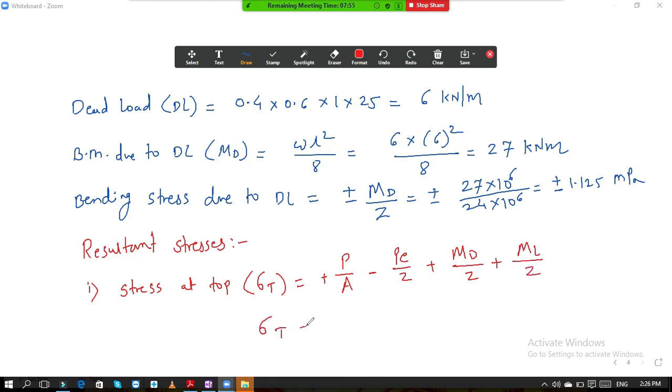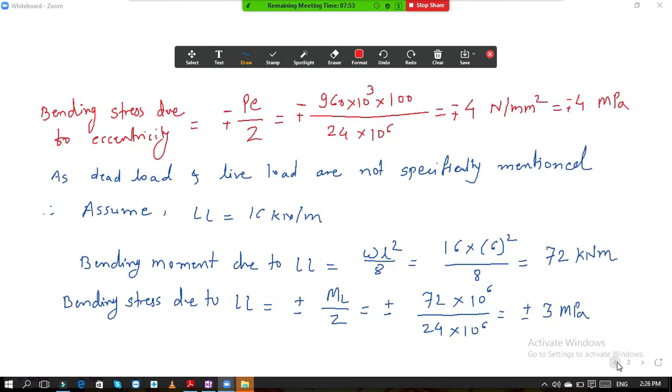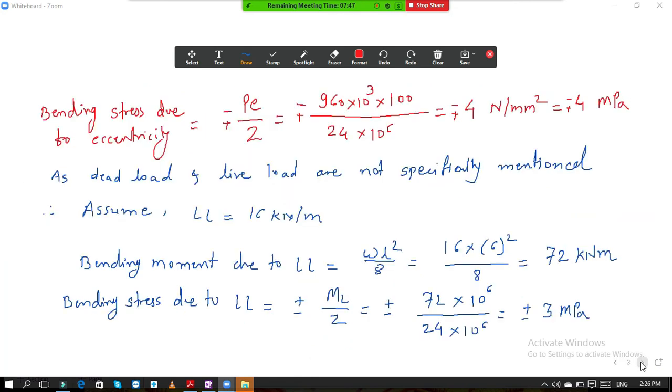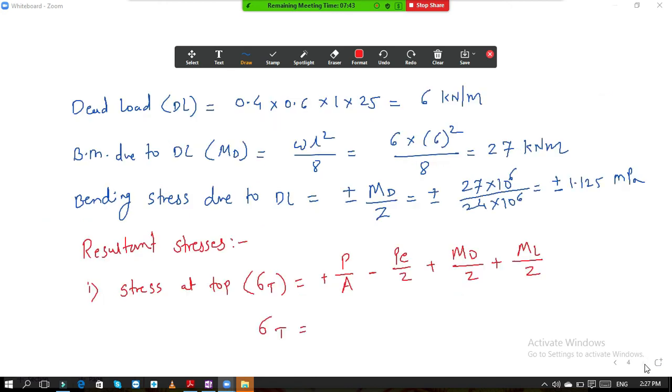So sigma T is equal to P by A. What was the value of P by A? P by A is plus 4. P by Z is minus 4.